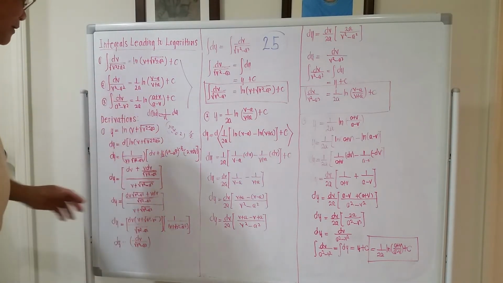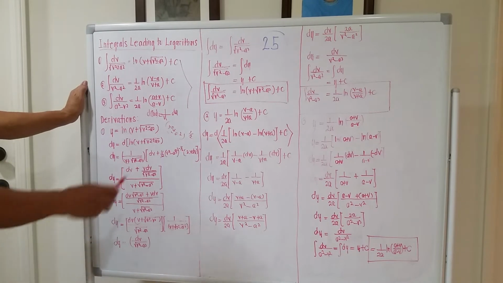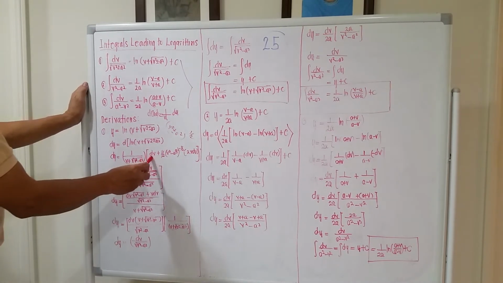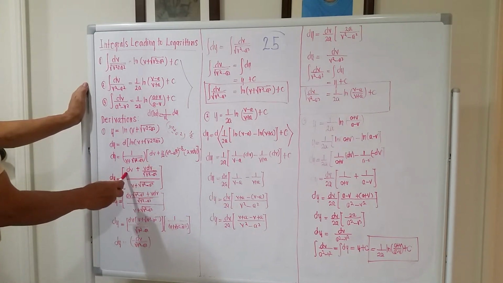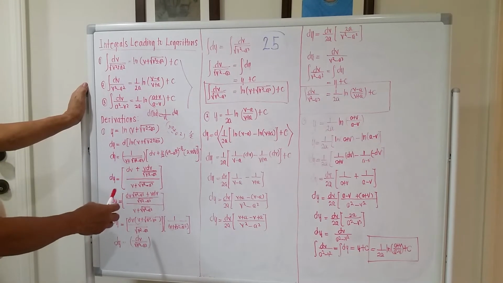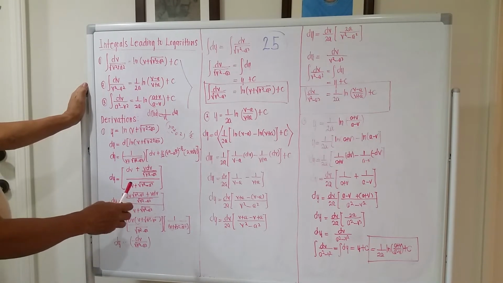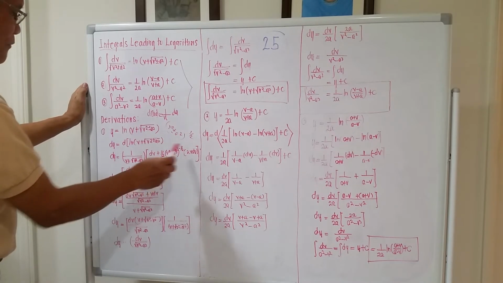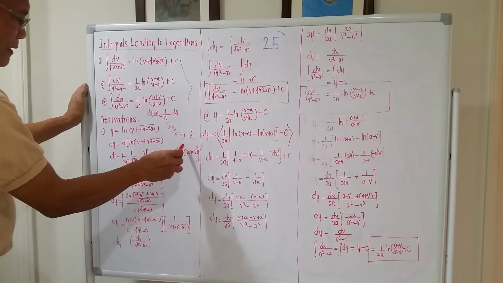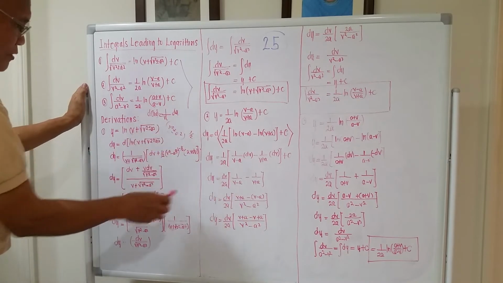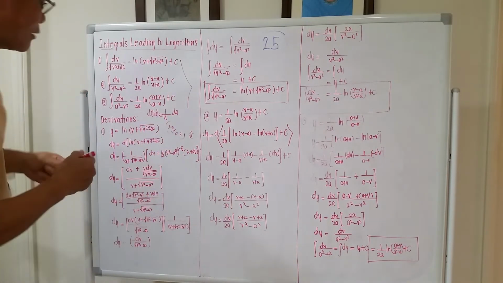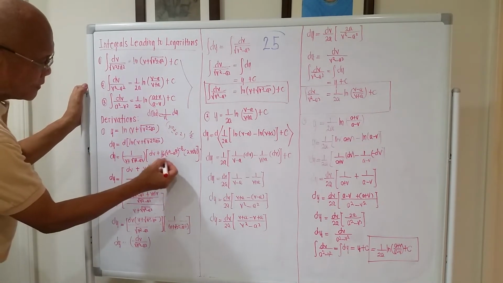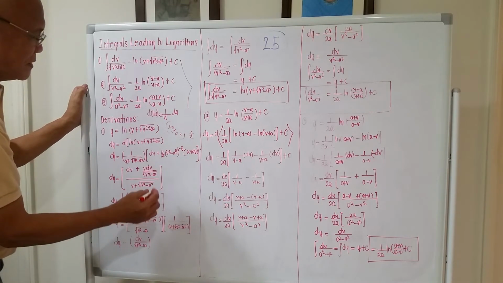If we simplify this, there is a common factor db. I bring this negative 1 half down, so the 2 here cancels with the 1 half.